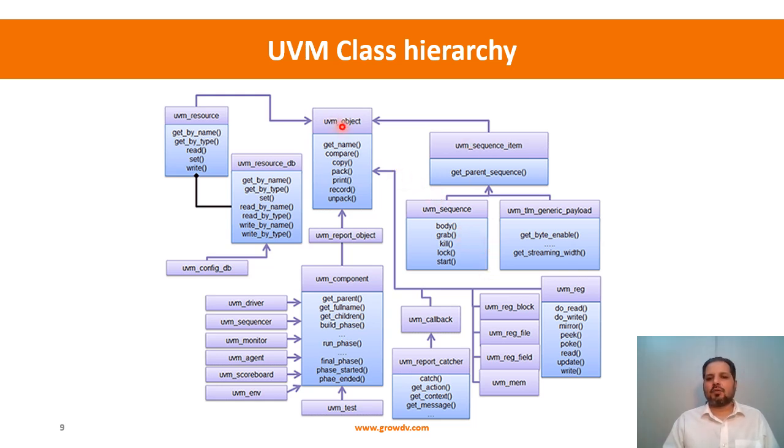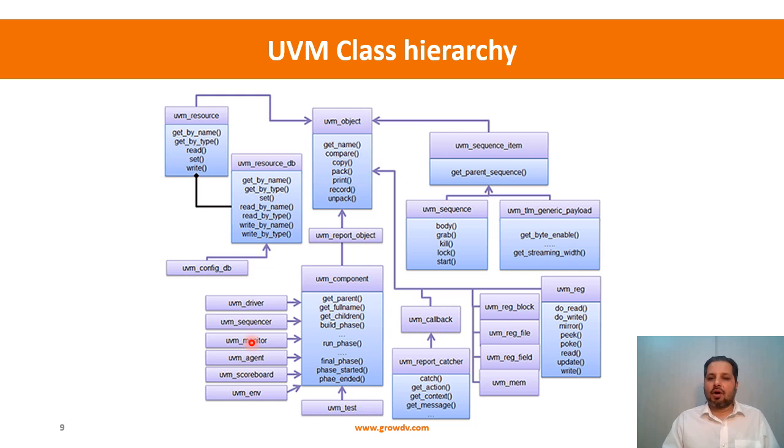Then you have UVM object, and then we extend to UVM report object, and then we have UVM component, okay. So this UVM component is now the base for all the other components that we are talking about. You can use UVM component independently. If you remember, the second box that I had shown in the previous slide was related to the components, right? And then along with the component you had the agent, right? And then you have the UVM driver, you had the UVM sequencer on which you can run the UVM sequences.